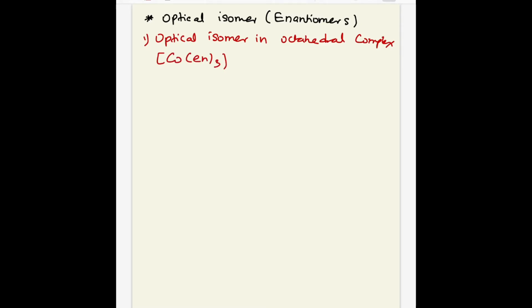I will take the example [Co(en)3], en is ethylene diamine, thrice. The net charge of that complex is +3. So that can be represented as follows, the central atom is cobalt.